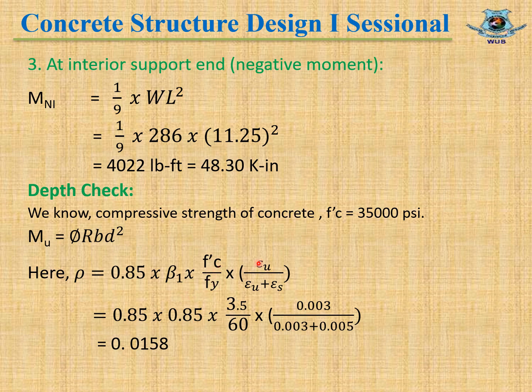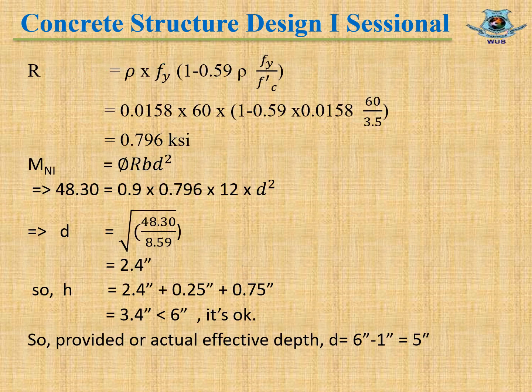Epsilon U equal to 0.003, epsilon S equal to 0.005. Substituting all values, here steel ratio rho equal to 0.0158. R equal to rho fy into 1 minus 0.59 rho fy by f'c. By substituting all values in equation, we get R equal to 0.796 ksi.